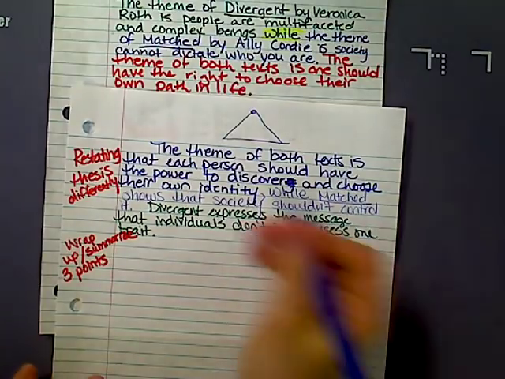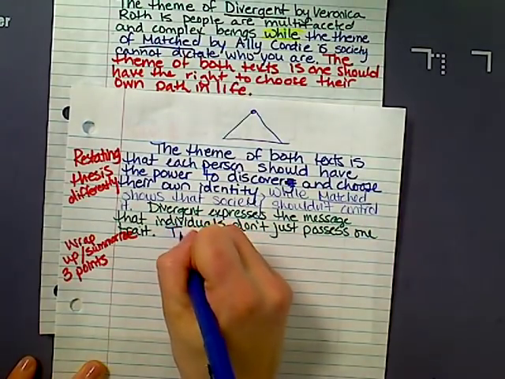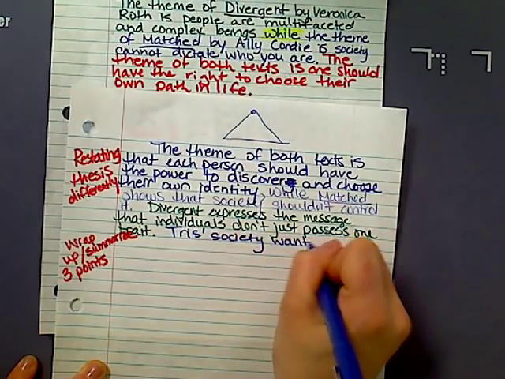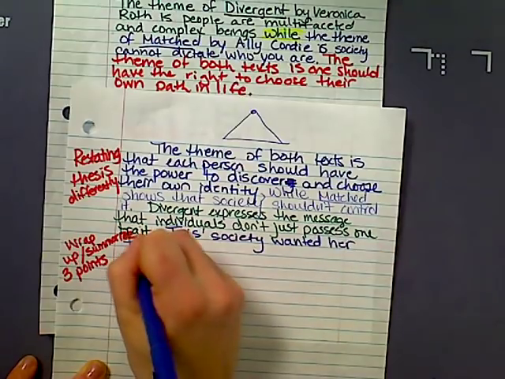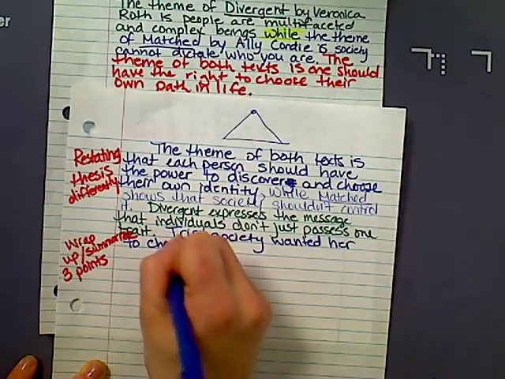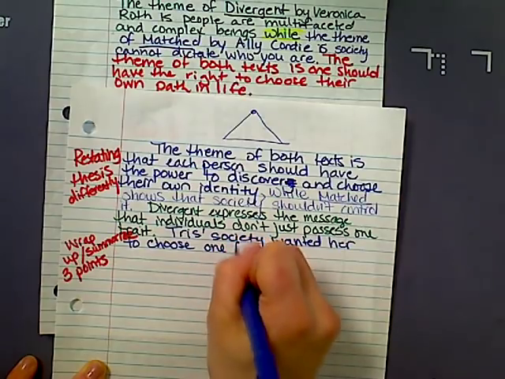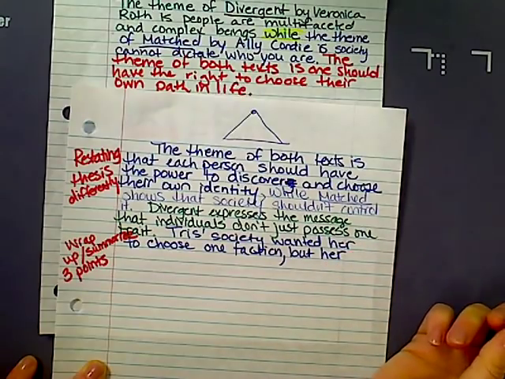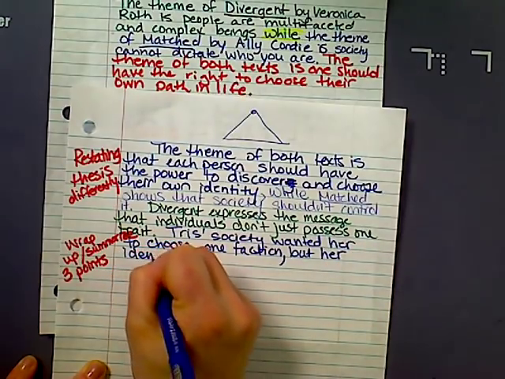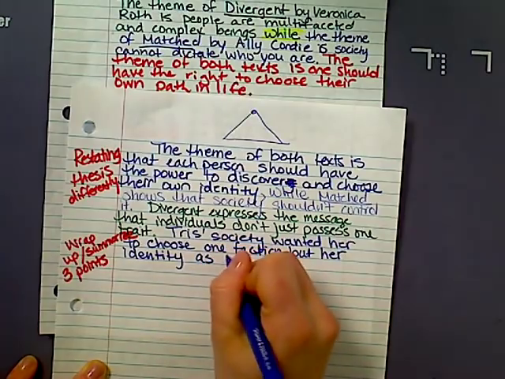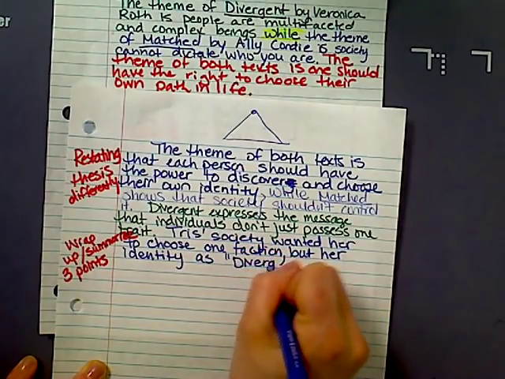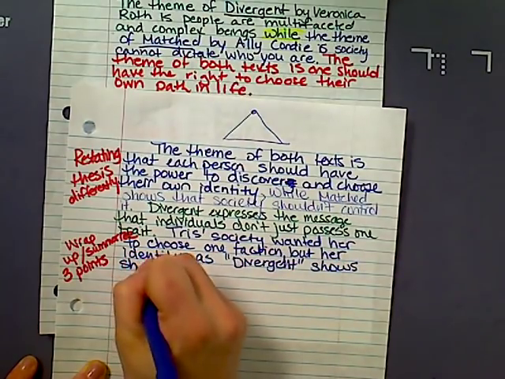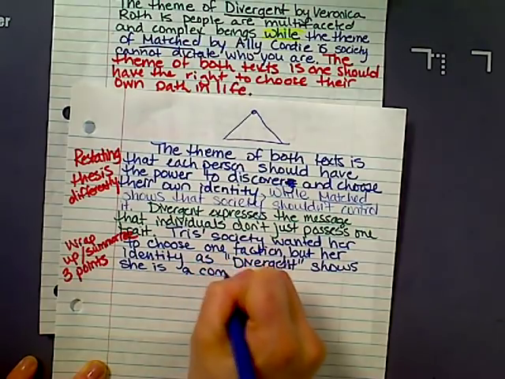So I could say Triss's society wanted her to choose one faction, comma, but her identity as Divergent shows she is a complex being.